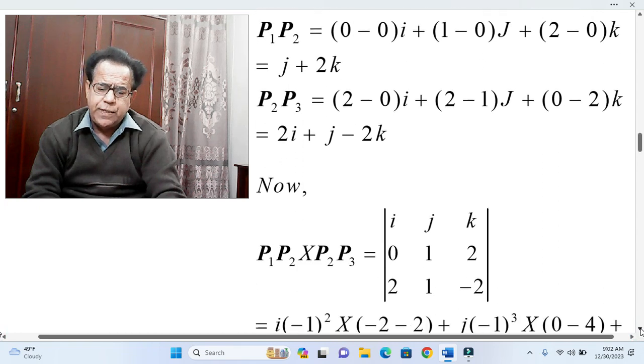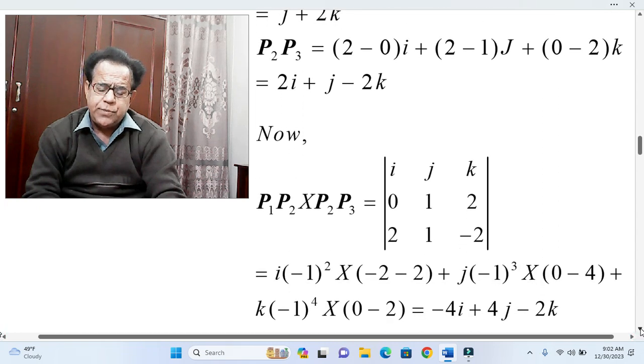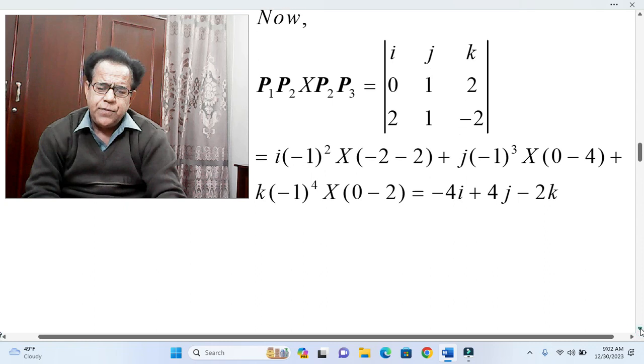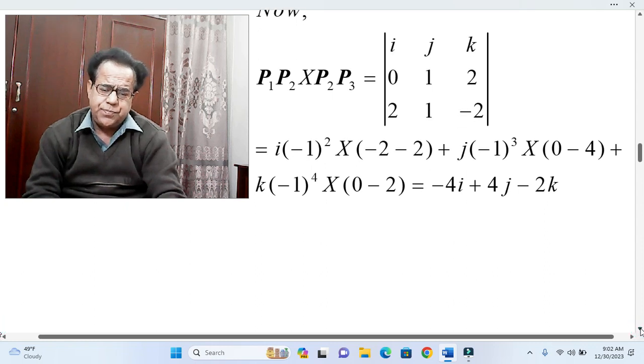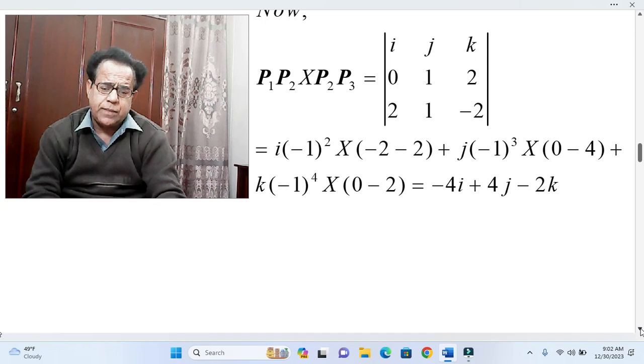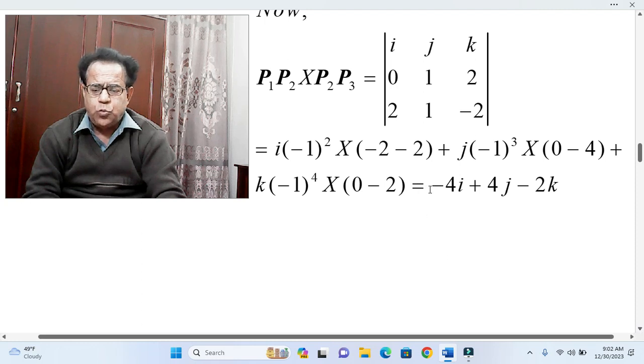Now we will take the cross product of these two vectors. We do not explain this product step by step. The cross product of P1P2 and P2P3 becomes finally equal to minus 4i plus 4j minus 2k.